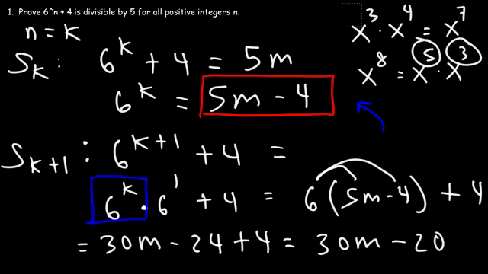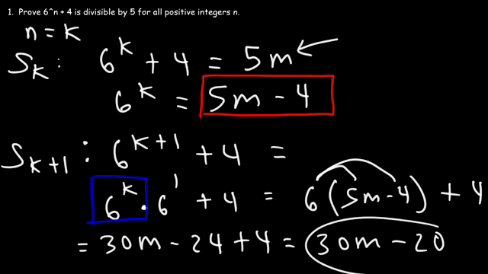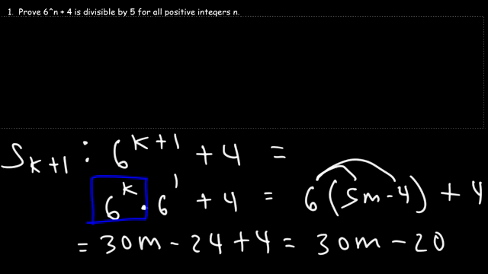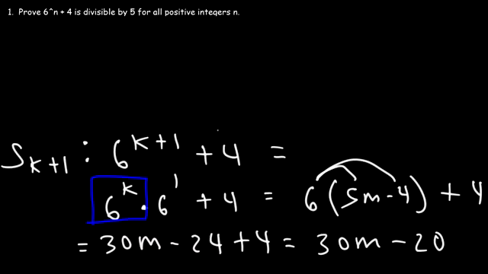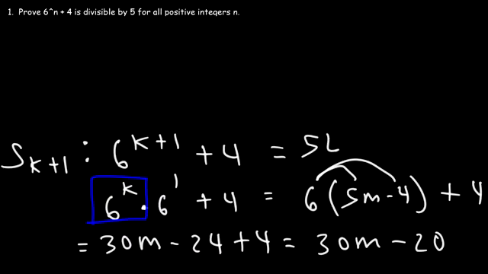Now let's think about what we have at this point. Notice that m is an integer. So 30m minus 20 has to be an integer as well. Now I want this expression to equal 5 times l.